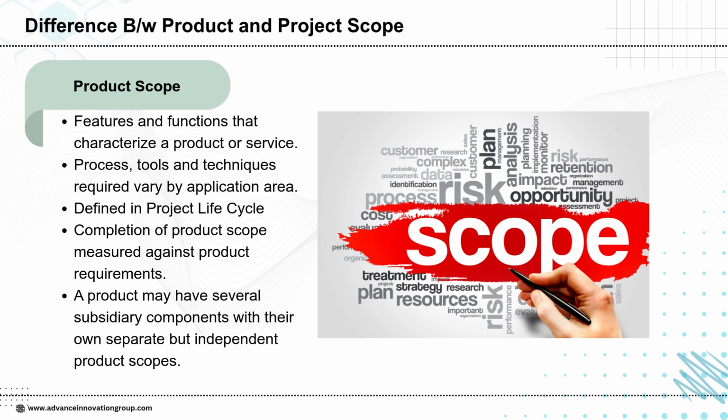Product scope is defined during the project life cycle and its completion is measured against the specific product requirements. It is also important to note that a product may consist of several subsidiary components, and each of these components can have its own independent scope, even though they all contribute to the overall product.